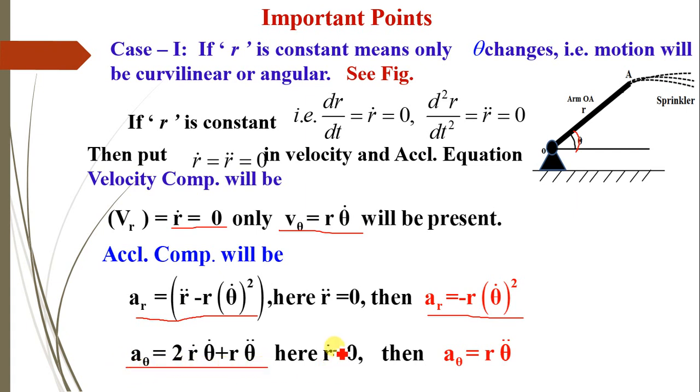Substituting r dot as 0, a theta equals r into theta double dot. So whenever r is constant and theta is changing, the velocity components Vr and V theta and the acceleration components ar and a theta can be rewritten by substituting the derivatives of r as 0.